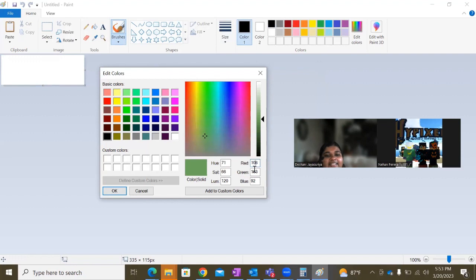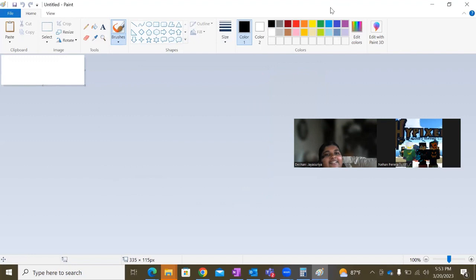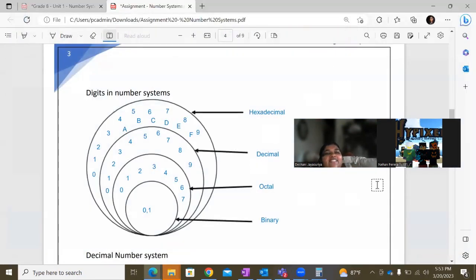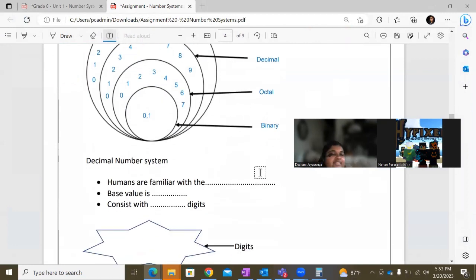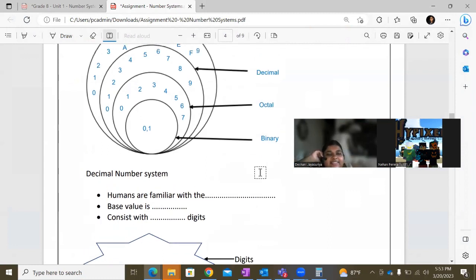So together these three values, you get the hexadecimal value. Something like that. Red, green, blue, CMYK, like that. So it is related to colors. It is related to coding, how we enter new things to the codes. So yeah, this is about it.